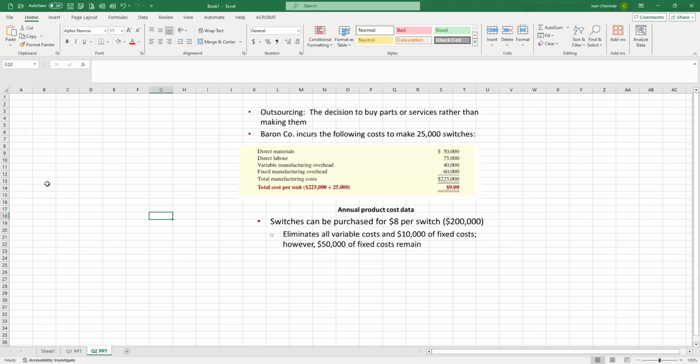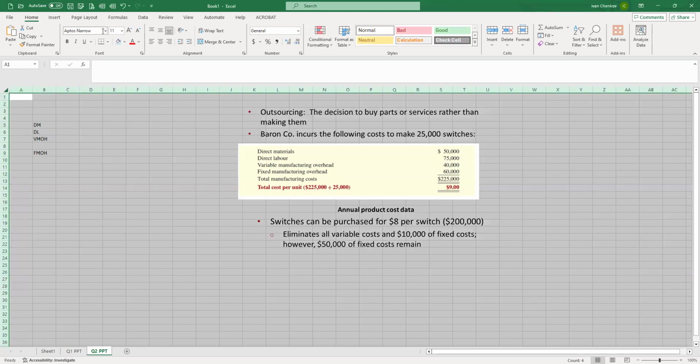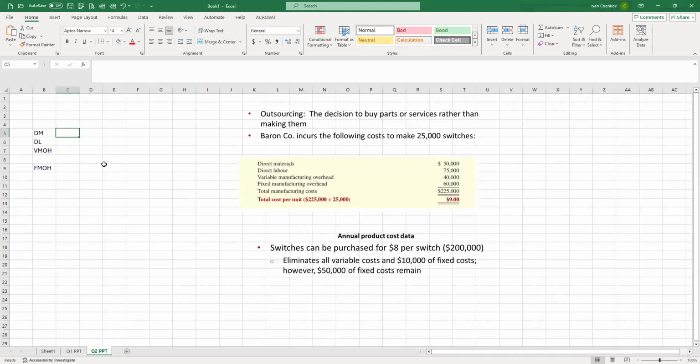Stop sharing this and open the Excel spreadsheet. Now you guys can see my question, right? So we have direct material, direct labor, variable manufacturing overhead, and fixed manufacturing overhead. Let's make those bigger. Okay, and the direct material is 50,000. Direct labor is 75,000.